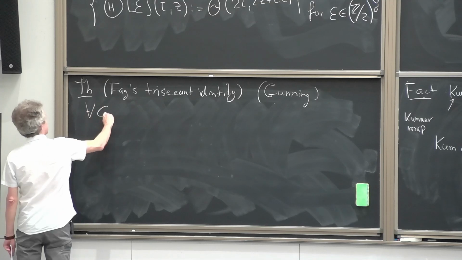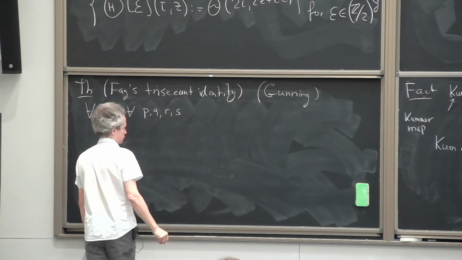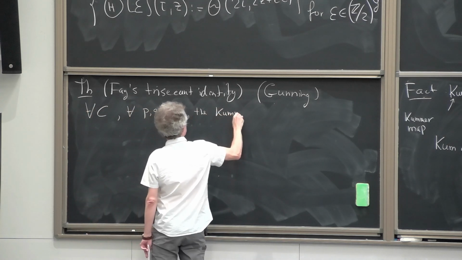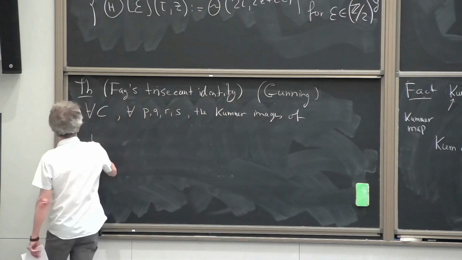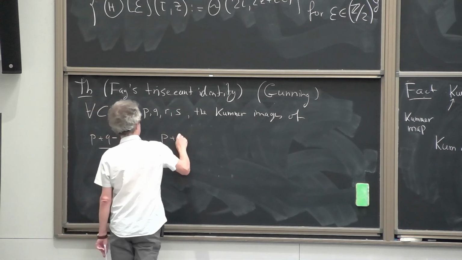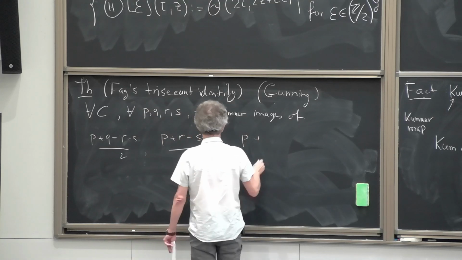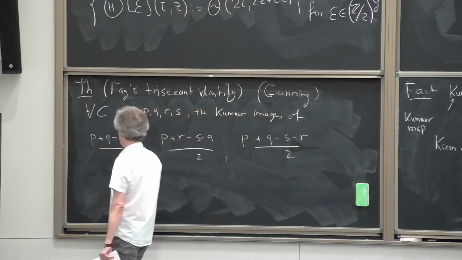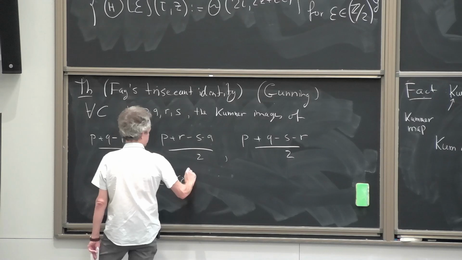For any curve C, for any P, Q, R, S, the Kummer images of the 3 points written there in C to the 2G are collinear.